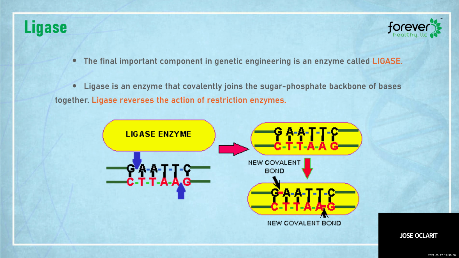It is cut at the sugar phosphate backbone, so it will be joined at the sugar phosphate backbone using the enzyme ligase. The ligase reverses the action of the restriction enzyme. The DNA ligase will connect the DNA again. So you look at the GAA-TTC there. The GAA-TTC will be connected again covalently by the DNA ligase.